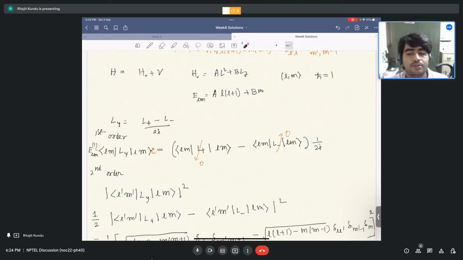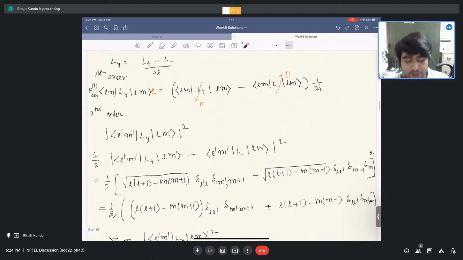Then we have to go on and calculate the second order. For the second order, we need the rest of the matrix elements; we don't need the diagonals anymore. Only diagonal elements contribute to the first order in the perturbation series, and for the second order, all of the other off-diagonal elements of this matrix start contributing.